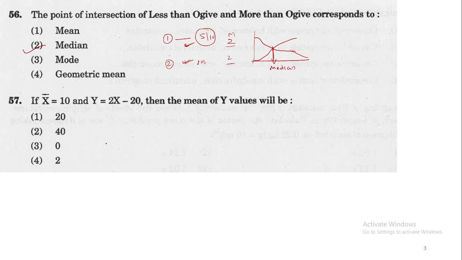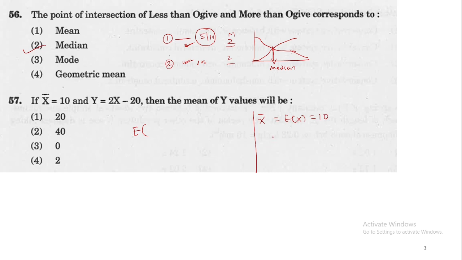So that they can also clear these questions without any special knowledge. Here what is given is y equals 2x minus 20, then the mean of y values will be, and they have given x bar equals 10. If they have given x bar, it is nothing but expectation. So x bar equals expectation of x, which equals 10.